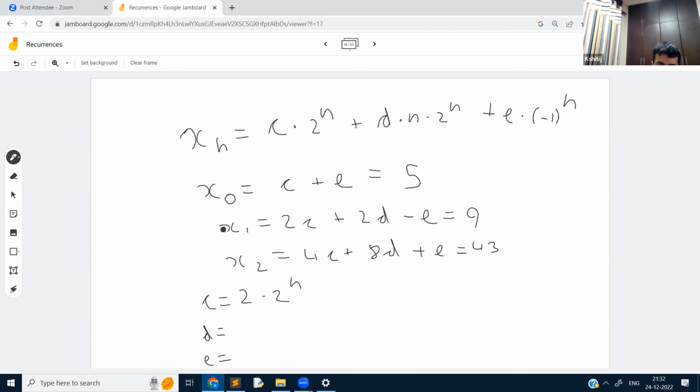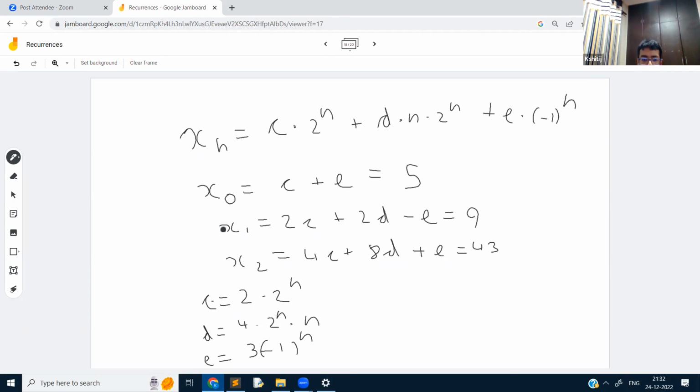This term will be 2 to the power n. This term will come out to be 4 into 2 to the power n into n. And this term will be minus 1 to the power n, and the coefficient will be 3.